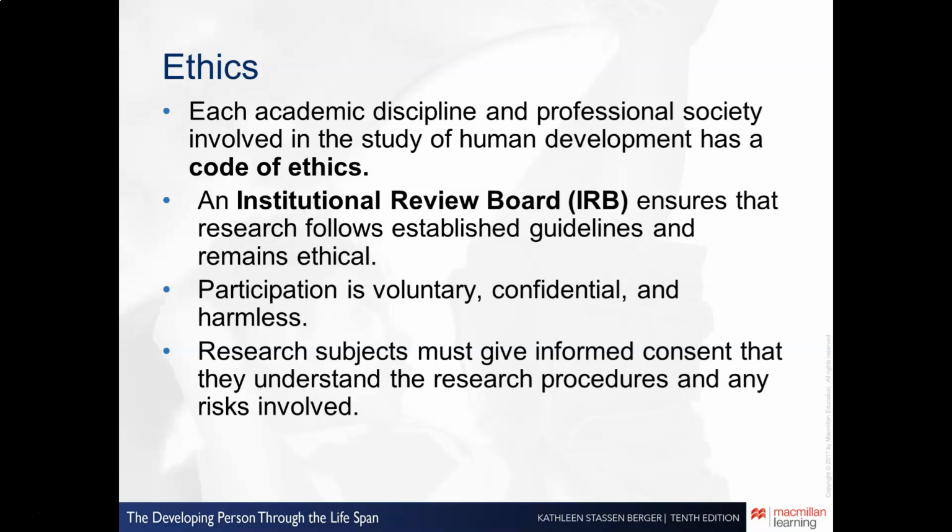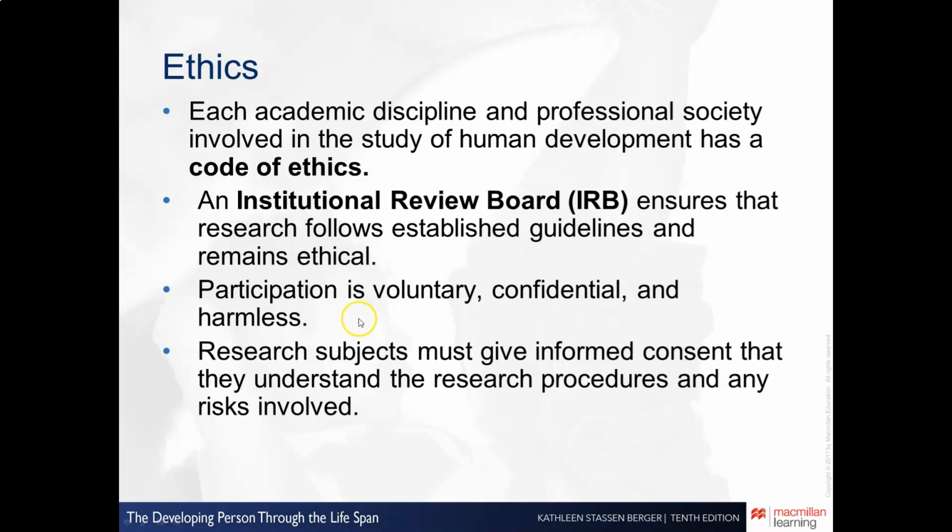Now, in research, researchers must proceed and function according to ethical guidelines, and so basically a code of ethics. That's what's important on this slide. A couple of things I want to make you aware of: those ethical guidelines are established by an institutional review board. They give you a couple of examples of how researchers must function ethically.